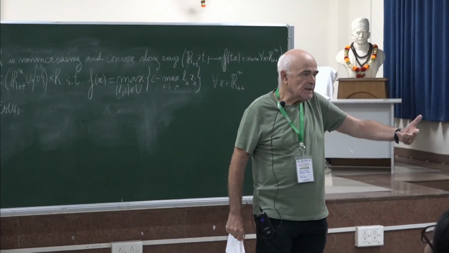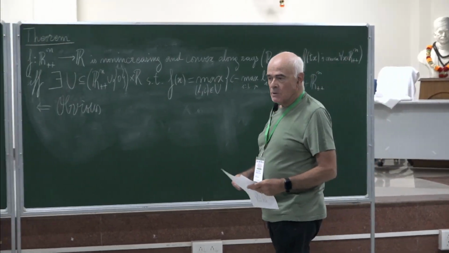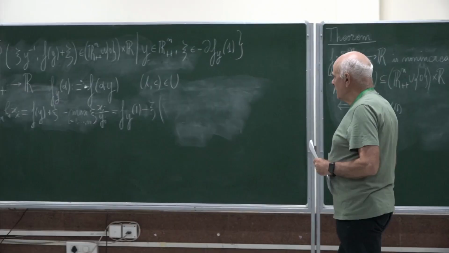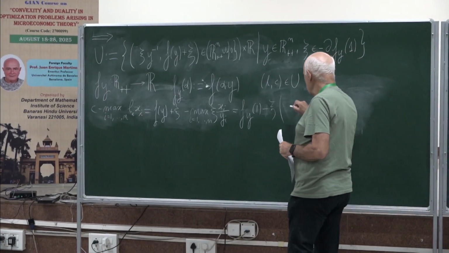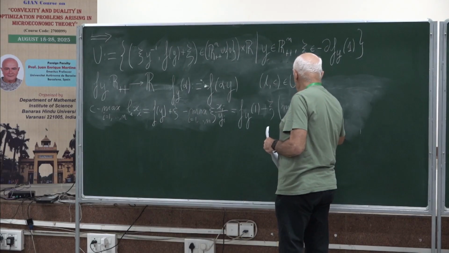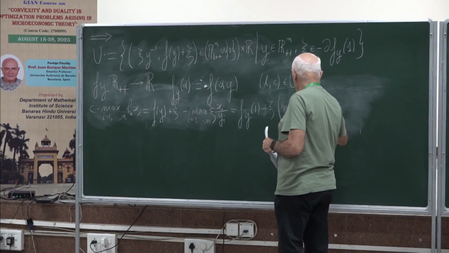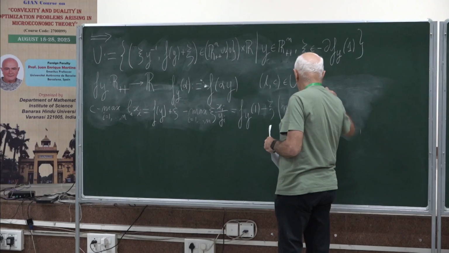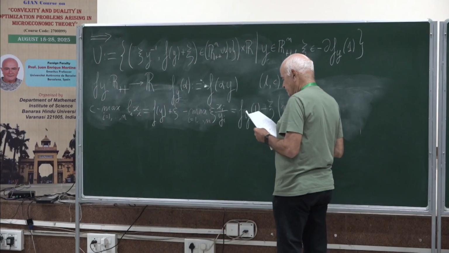But one can take u in this set. Okay, times the max of xi over yi minus 1.